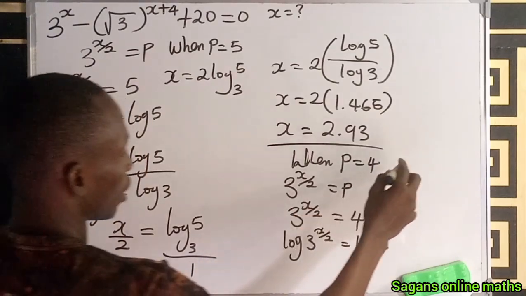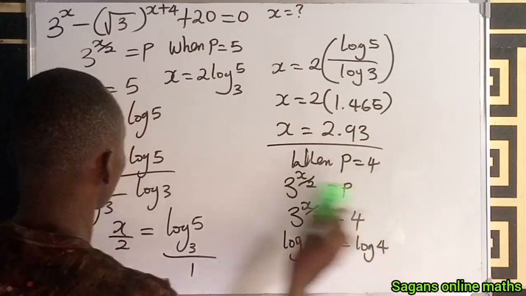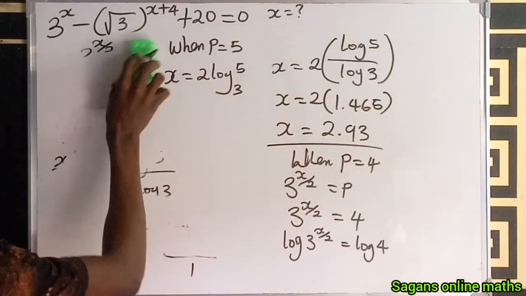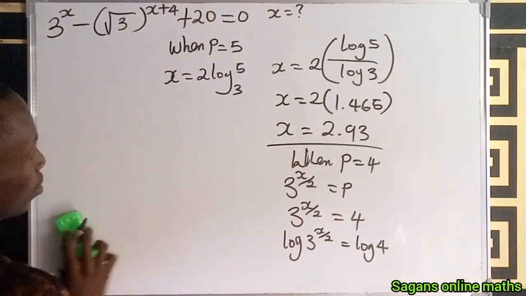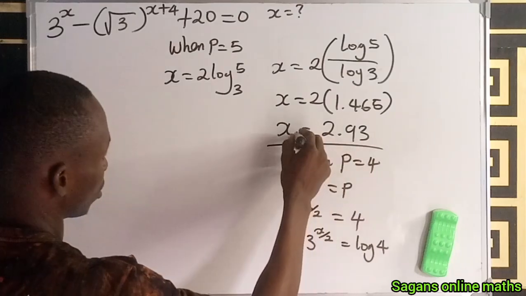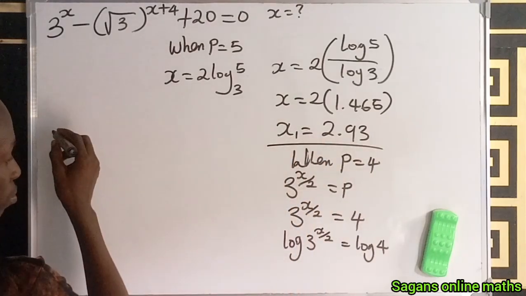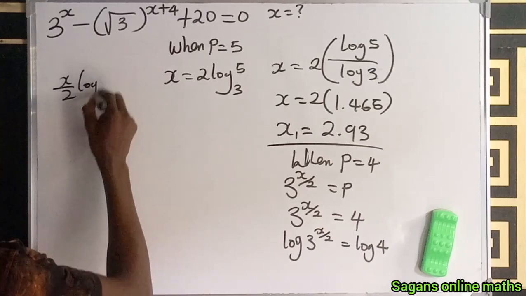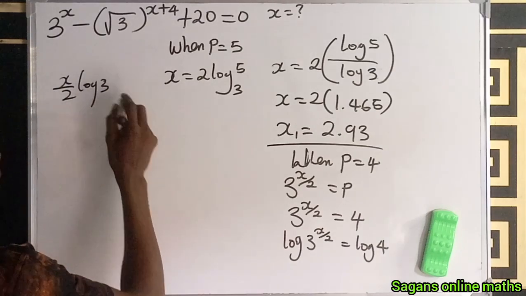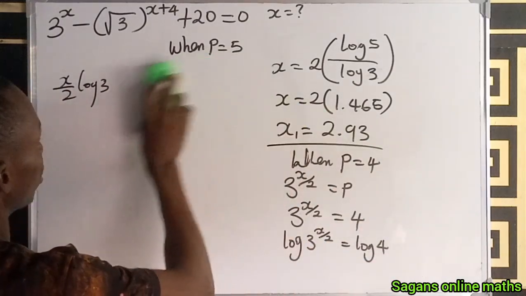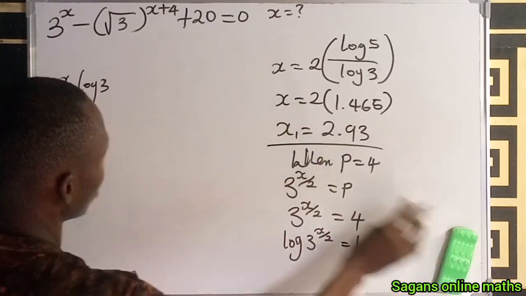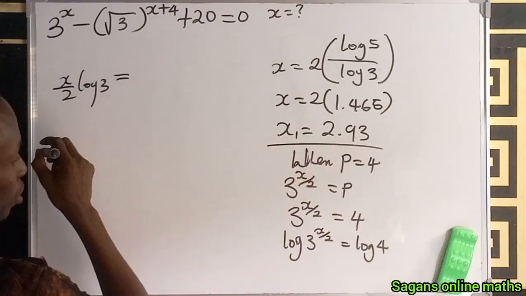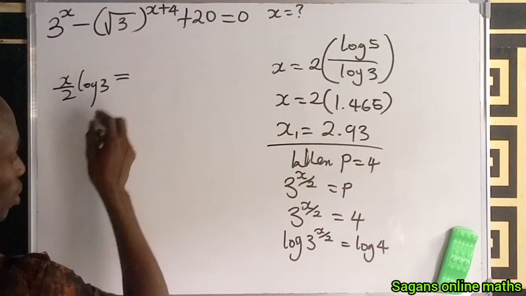This will come down, so it becomes x divided by 2 log 3 equals log 4.